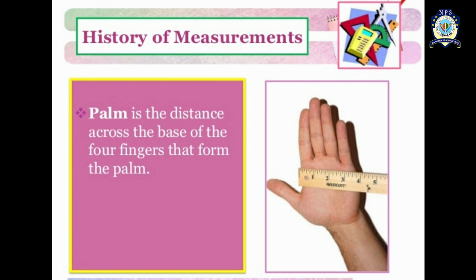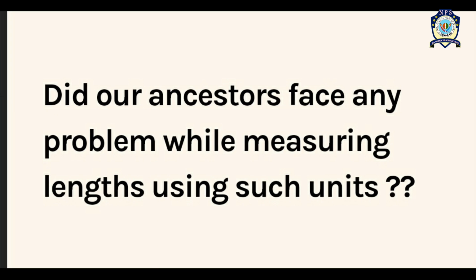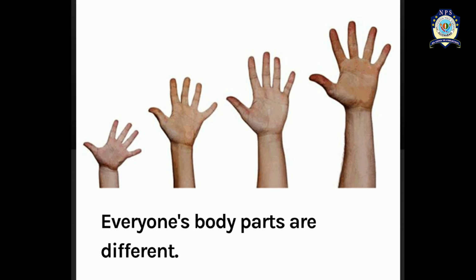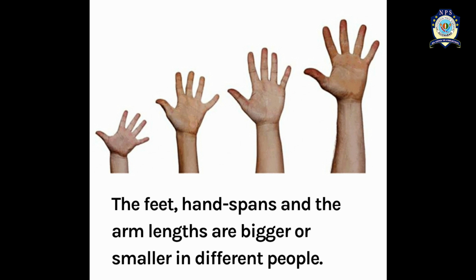But now another question arises in our mind, did our ancestors face any problem while measuring lengths using such units? So when we found the answer, we found that everyone's body parts are different. As you can see here, 4 hands of different age group people, and everyone has different body parts.